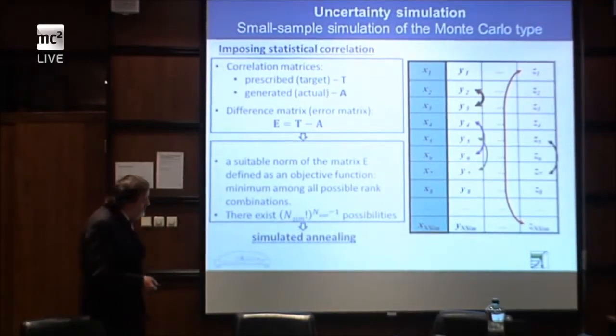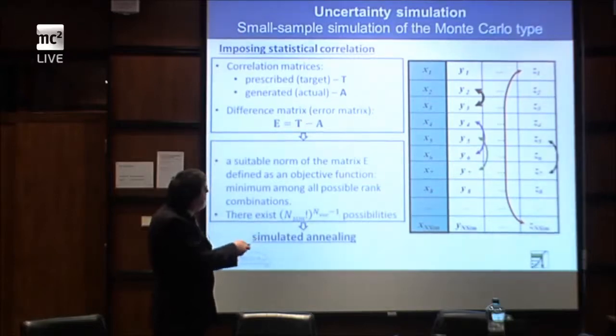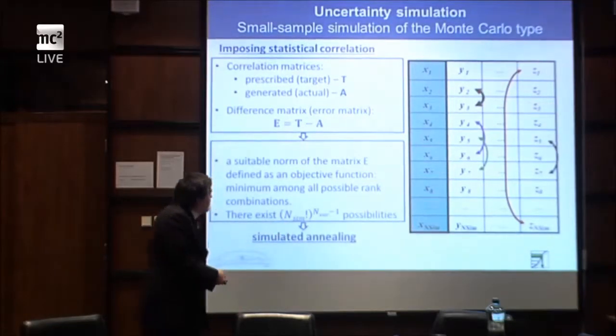How do we solve this problem? If you see this simulation plan, in the columns you have random variables, and in the rows you have individual simulations, simulation 1, 2, until simulation n-sim. So this is just the simulation plan of statistical sampling.